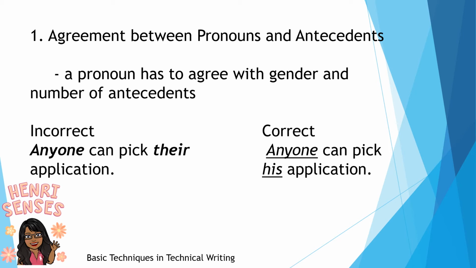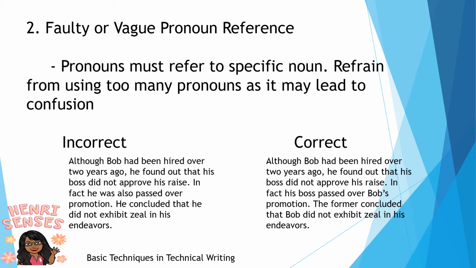Now, we also have the next grammar rule in technical writing, which is faulty or vague pronoun reference. Pronouns must refer to a specific noun. Refrain from using too many pronouns as it may lead to confusion. Now we have here two examples.